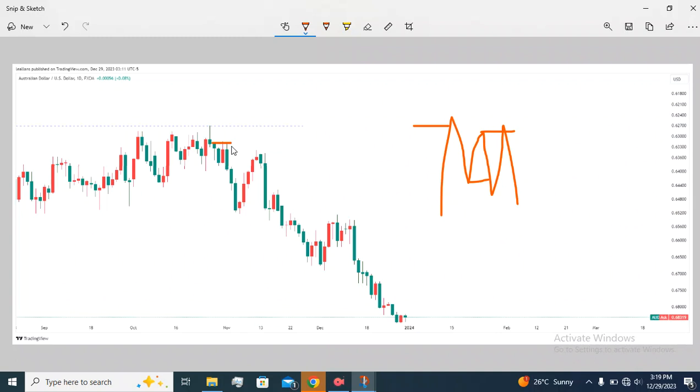When I started trying to put this model into practice, it was a bit hard. But as time goes by, I can even spot it without seeing a very clear break of structure like this place here. Let's drop to the lower time frame to see what exactly the market is doing in this place.